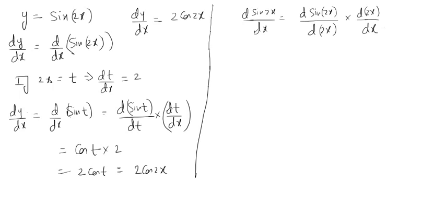So I have multiplied and divided by d of 2x. So d sine 2x by d of 2x will be cos of 2x, and d of 2x by dx will be 2. So the answer is 2 cos of 2x. If you have any doubt in this, please ask, because next we are going to discuss some more complicated problems which are based on the same idea.